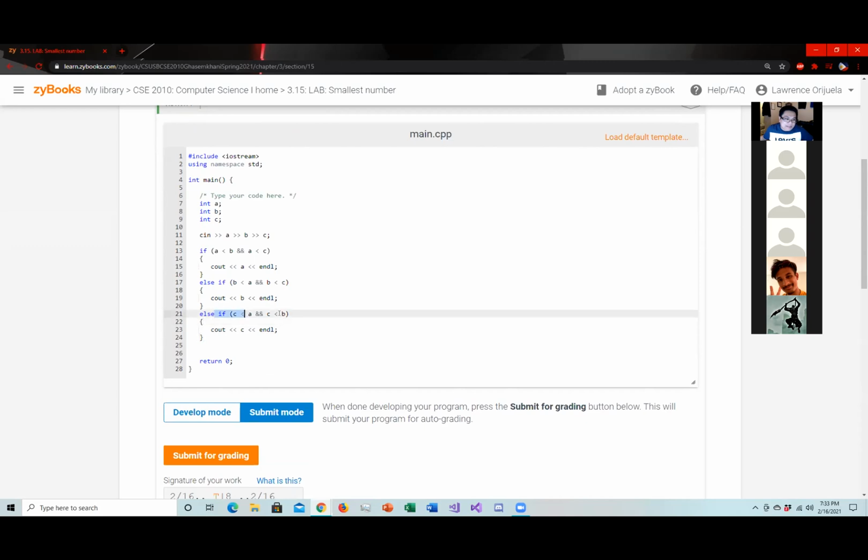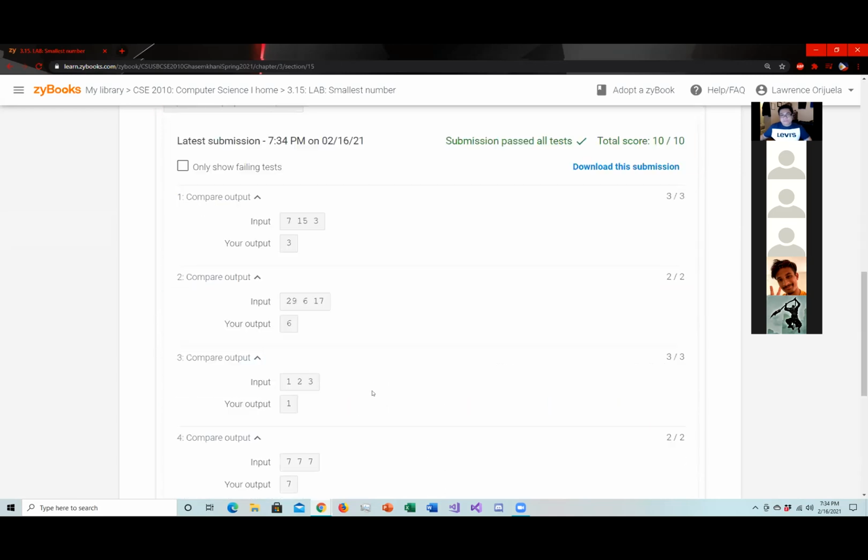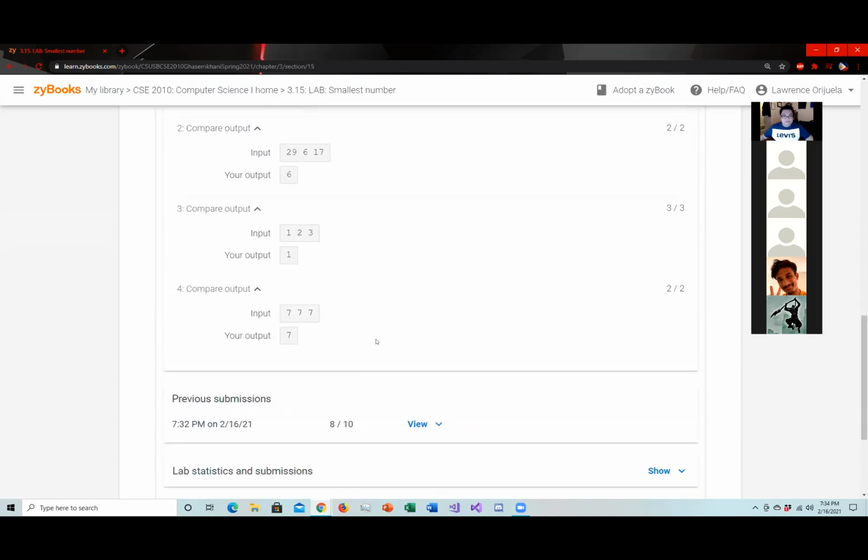Yeah, I think if I remove this if statement and just make it an else, this will be defaulted to if neither of these scenarios are true, right? Yes. Yep. There we go.